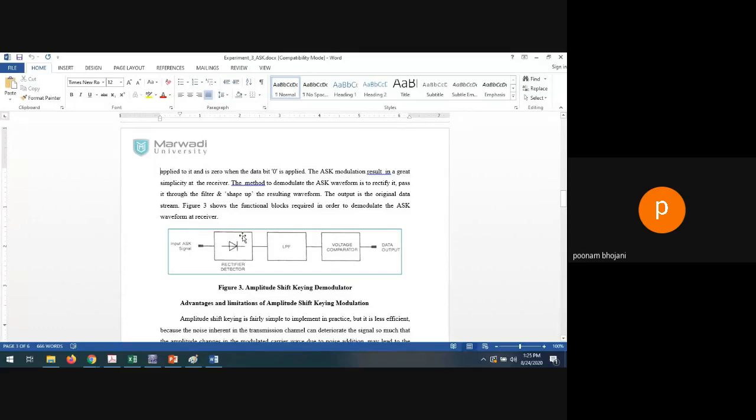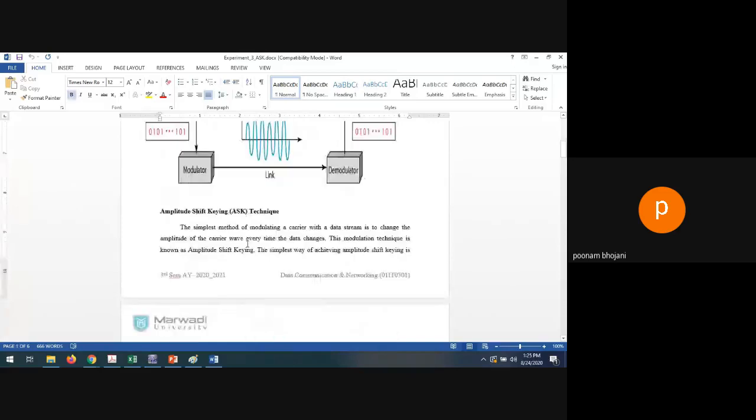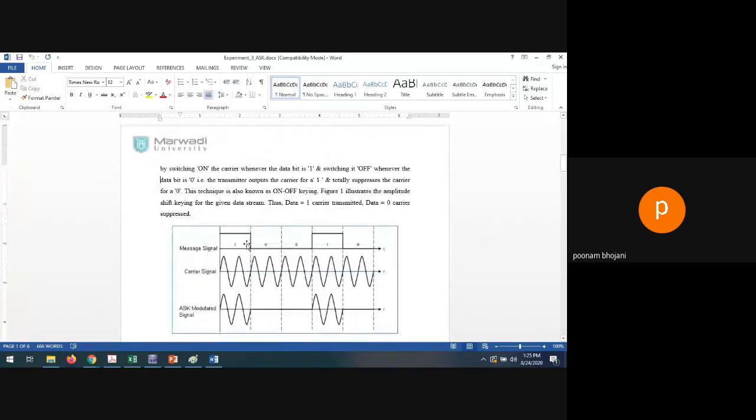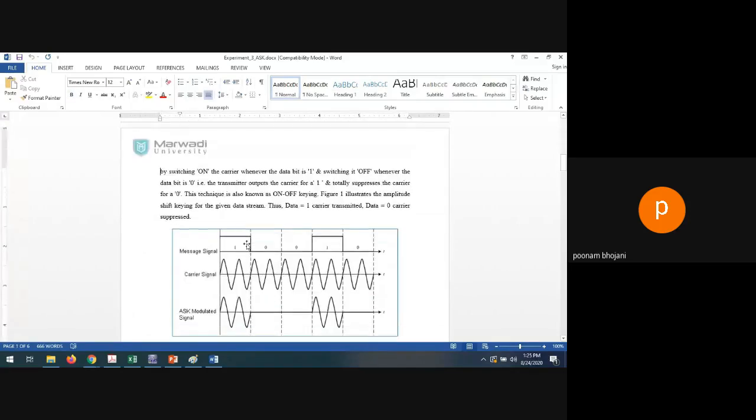In the ASK waveform, you will receive either the carrier signal if the message signal is 1, or you will receive 0 if the message signal is 0. No carrier signal will be received. If the message signal is 1, you will receive the full carrier, otherwise 0. So this is your ASK signal.